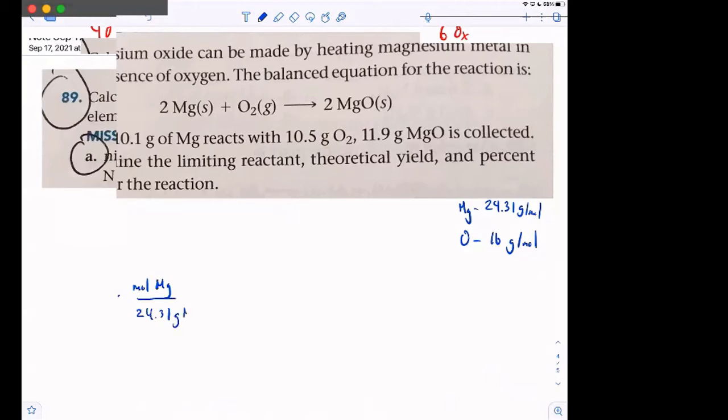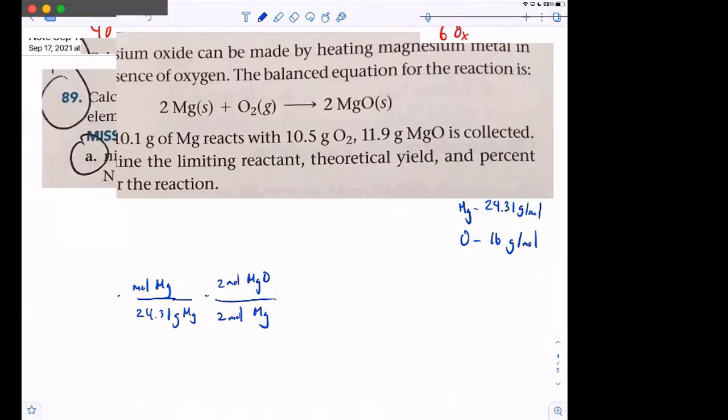So moles magnesium to 24.31 grams of magnesium. And then we have to convert to moles of magnesium oxide. So 2 moles magnesium oxide to 2 moles magnesium. I'm just writing that down. When I calculate that, I'm just going to skip that step because 2 divided by 2 is 1.